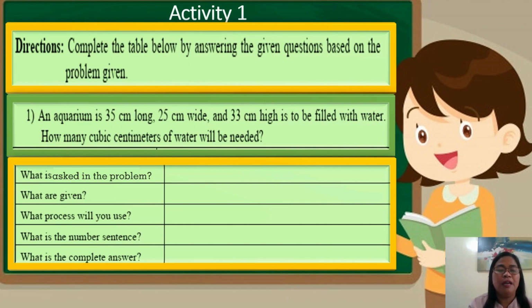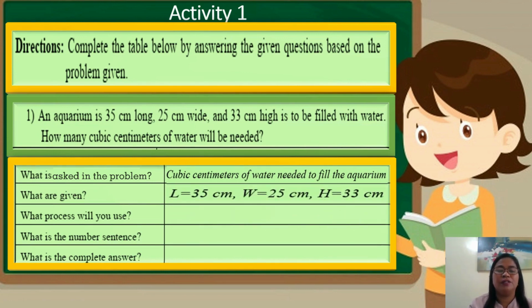Now, let us try to check your answer. What is asked in the problem? Correct. Cubic centimeters of water needed to fill the aquarium. What are the given? Very good.